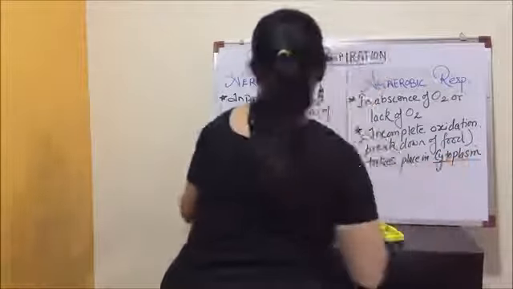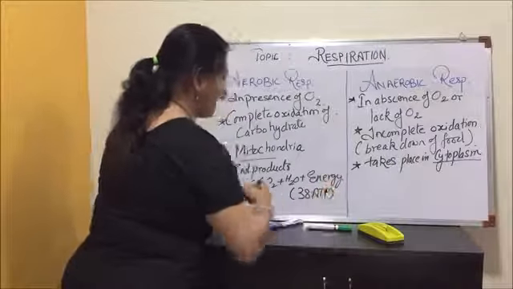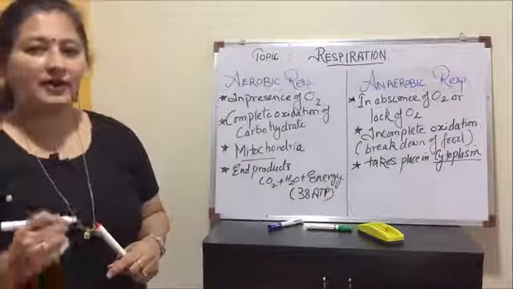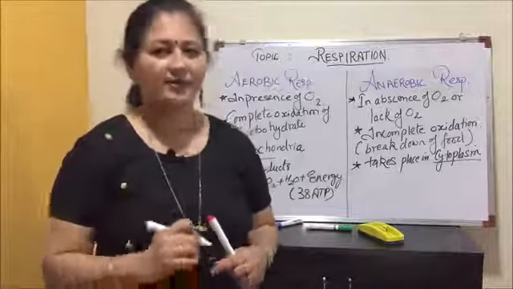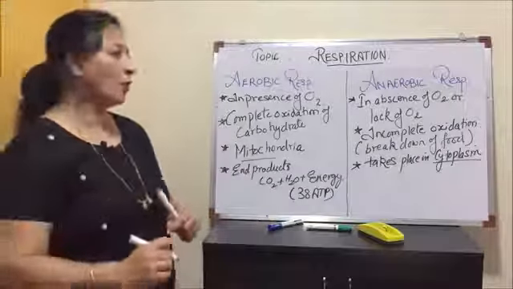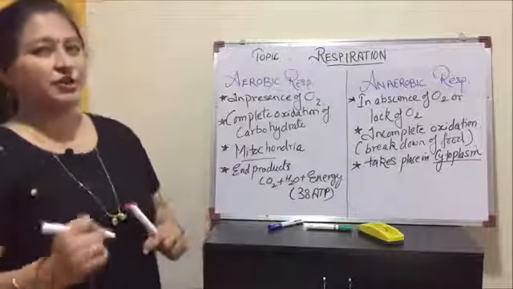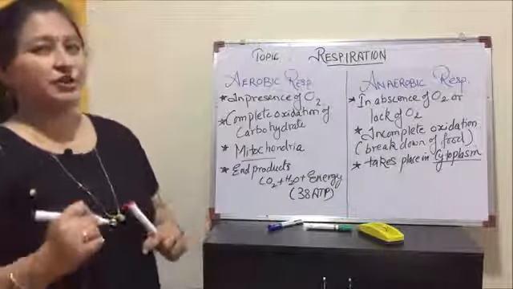That is 38 ATP is released. The amount of energy released in aerobic respiration is much more than in anaerobic respiration. Now let's see how much energy is released in anaerobic respiration.